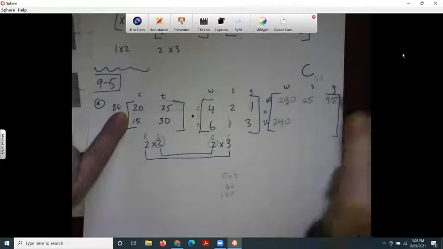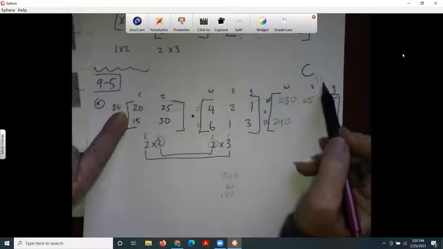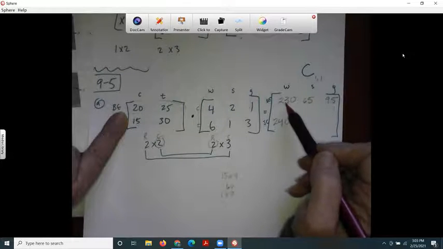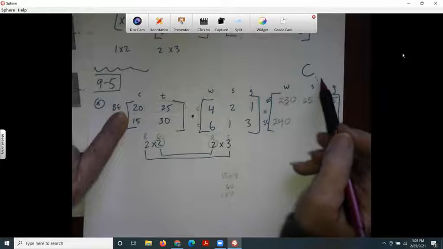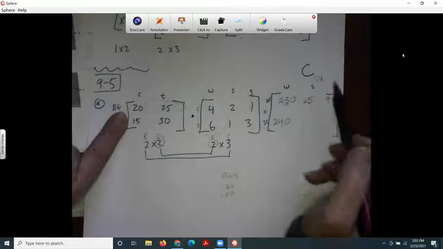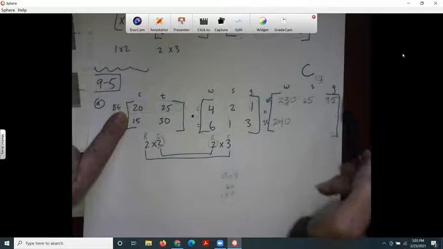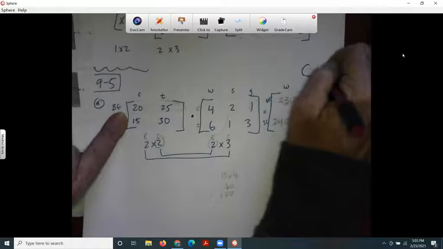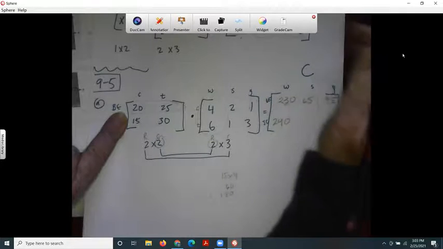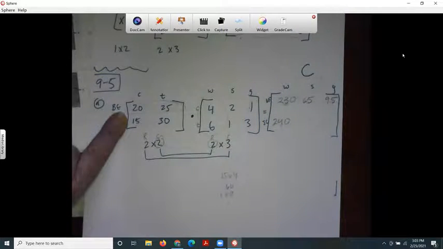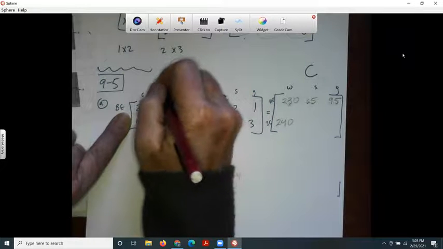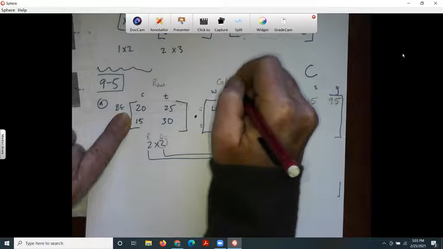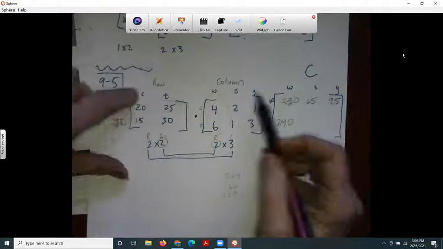That's this piece. If I put row 1 and change this to a 2, that'd be this one, and if I change it to a 3, that'd be this one. So I look at the entry I'm trying to calculate, and it tells me how to multiply. This is my row matrix, and this is my column matrix.